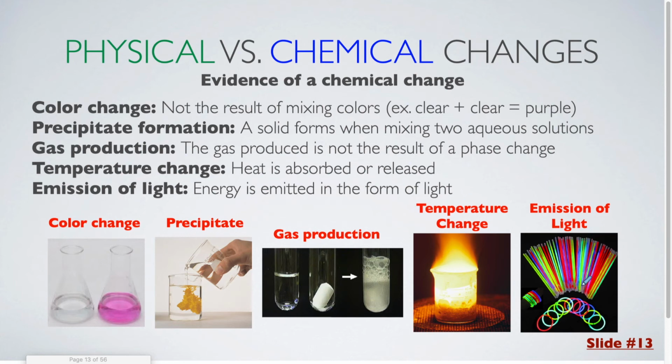You could see that if you had any kind of glow necklace or a glow stick. So you crack a tablet inside of that substance which mixes two chemicals, and then you have the emission of light occurring because of that chemical reaction. So if we're doing a lab and you are making observations and you see any of these things, that could potentially show you that a chemical reaction is occurring.